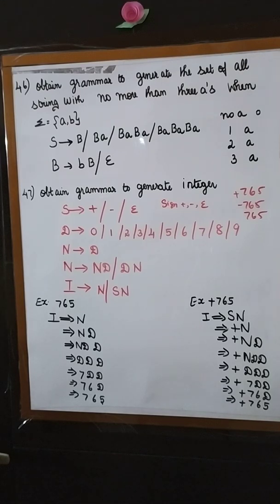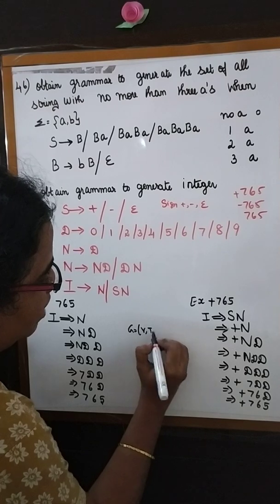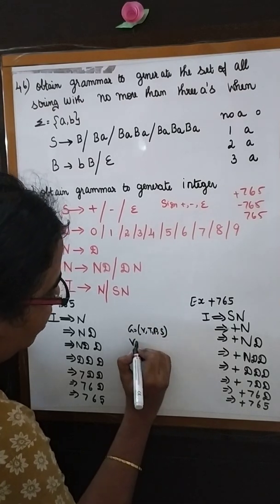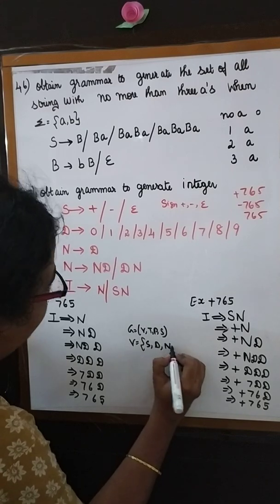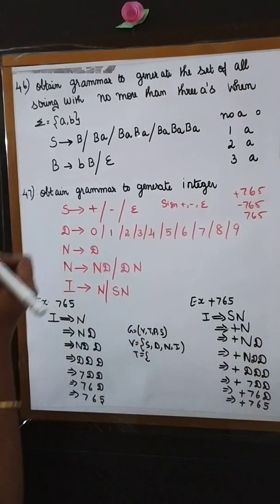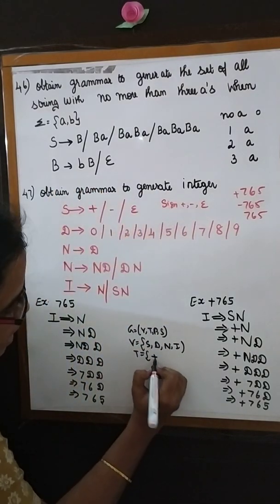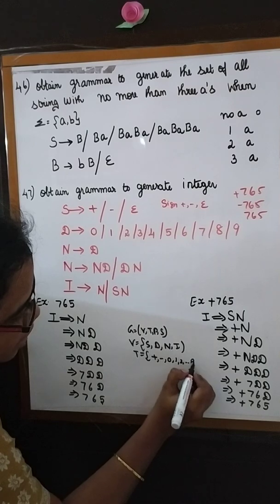When you are writing the grammar, you have to write G equal to V comma T comma P comma S. My V will have S, D, N, I. My T will have all the symbols: plus, minus, 0, 1, 2, everything up to 9.